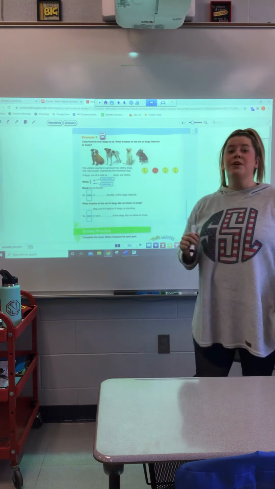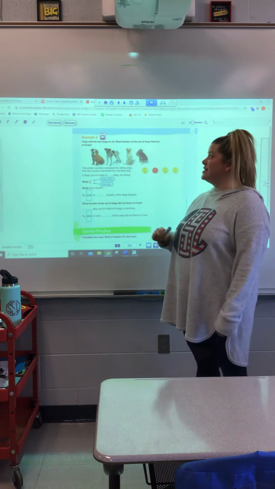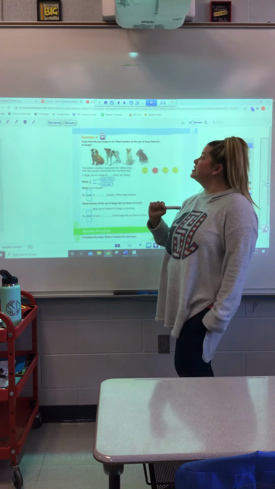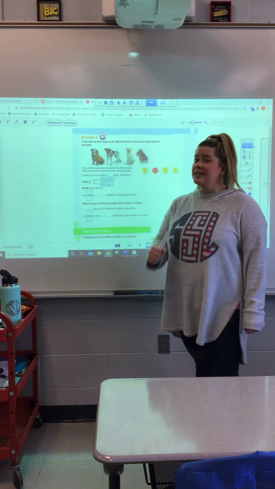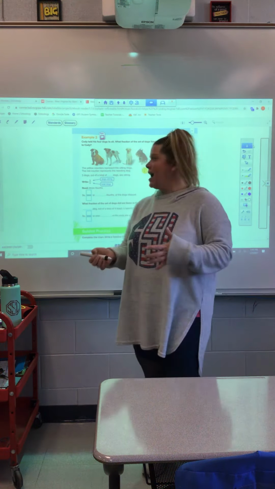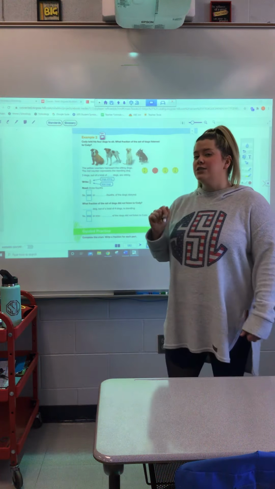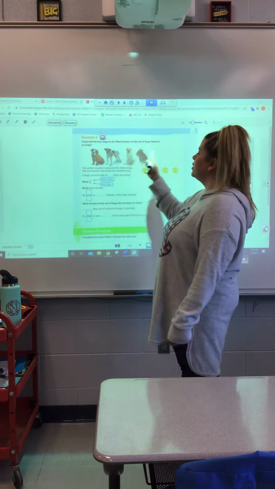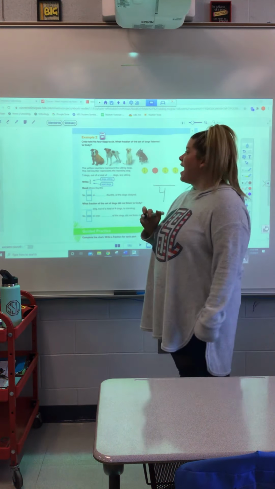Let's look at example number 2. Cody told his 4 dogs to sit. See, he has 4 dogs. What fraction of the set of dogs listened to Cody? So we want to know what fraction actually sat. First of all, we have to figure out how many dogs I have total. 1, 2, 3, 4. How many of them sat?